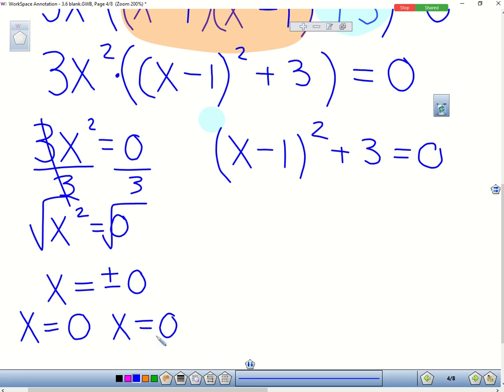Now, does anybody know why it's important now that we've leveled up kind of in our math ability, why I write the 0 twice? From the last lesson? You guys remember multiplicity that we talked about in the last lesson? Multiplicity talks about the number of times a 0 occurs. What's the multiplicity of x equals 0? 2.